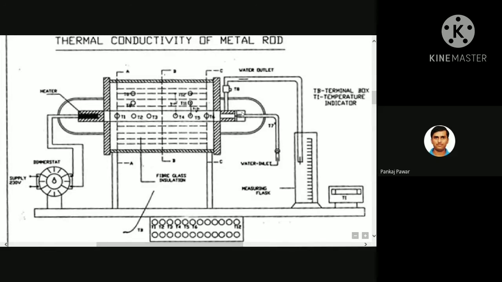Now we have used one metal rod, a circular metal rod of 75 mm diameter, and the metal of which we are going to determine the thermal conductivity is aluminum. So one metal rod of 75 mm circular diameter of aluminum material is used in this experiment, and we are going to determine the K value of that particular metal rod.